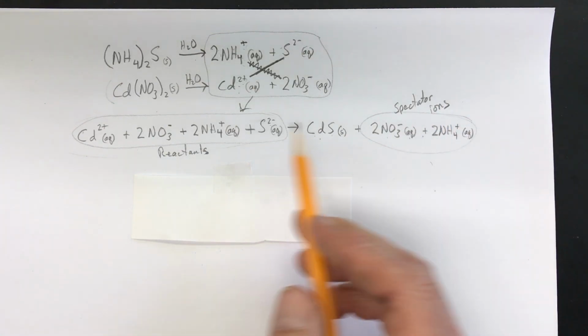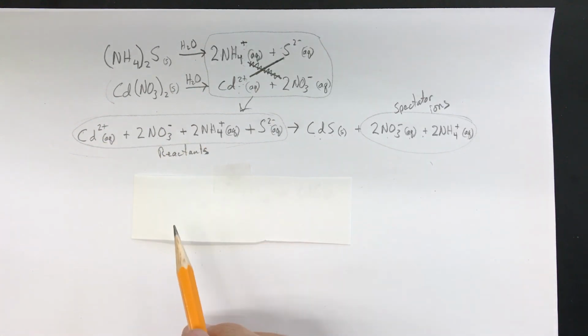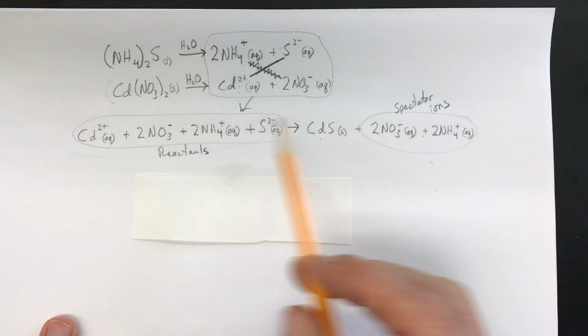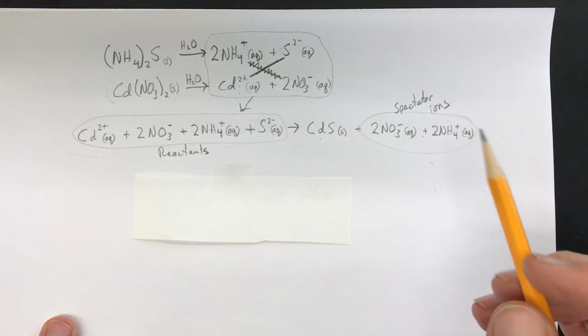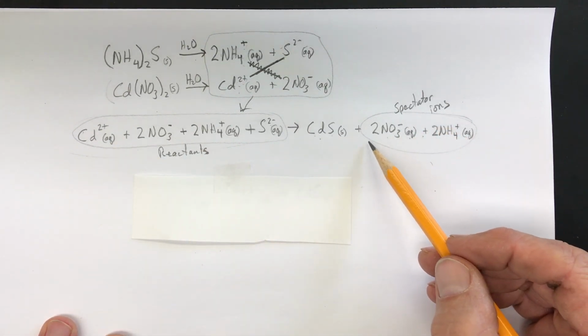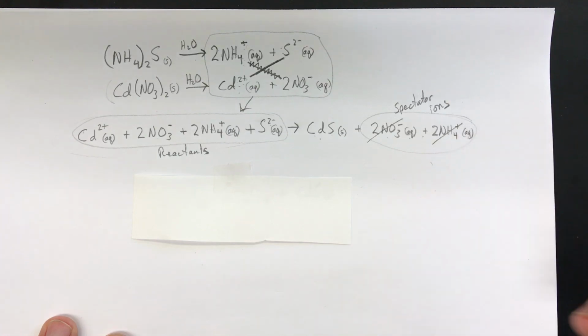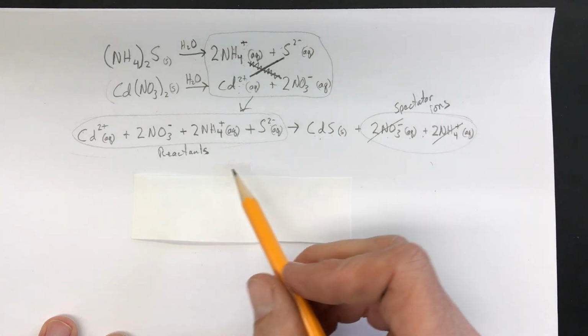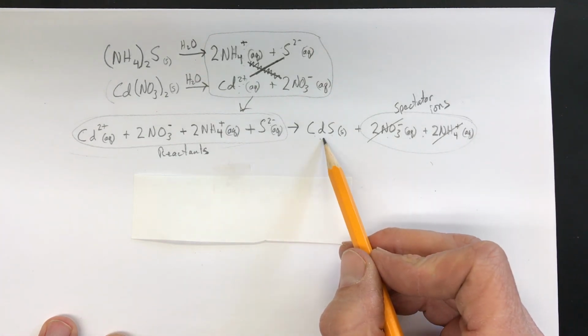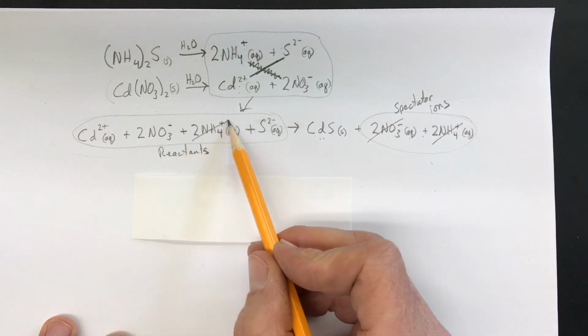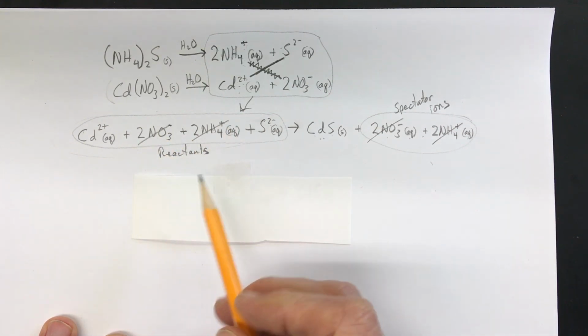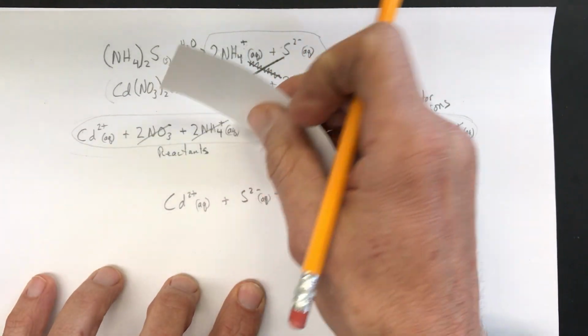Notice there are ions on this side and on this side. So, what happens in math when you have the same thing on both sides of an equation? We can cancel them out. Not that they're not important, but we're going to focus on the cadmium sulfide in this case. So let's cancel out these two, and what are we left with?